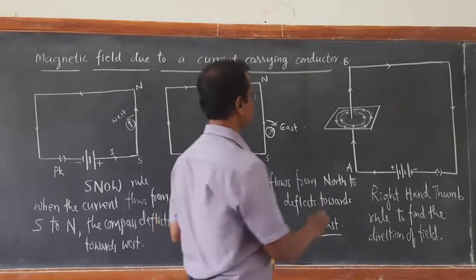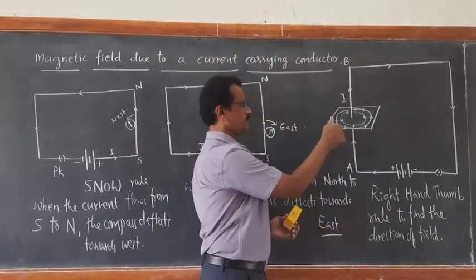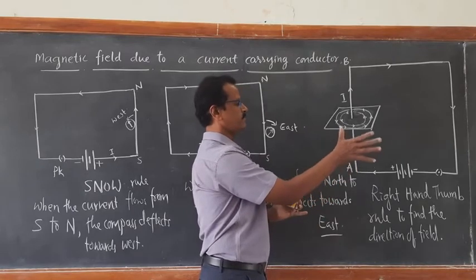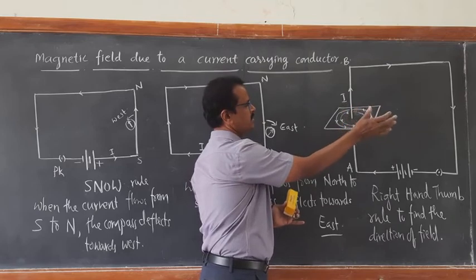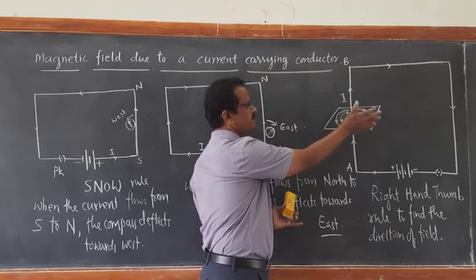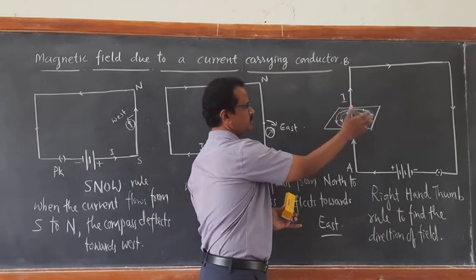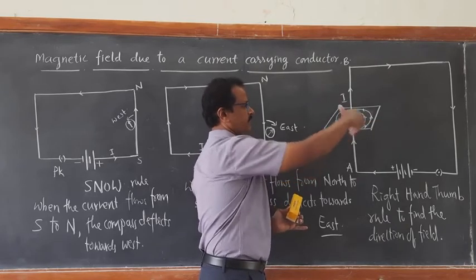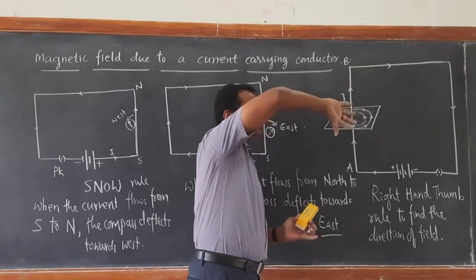So when the current is upwards, see, thumb is upward. When the thumb is upward, the curling of the fingers, you see, they go inwards, they enter inside the board and come out of the board. This is how. When you change the polarity, thumb goes down, the curling of the fingers will be in the reverse direction.